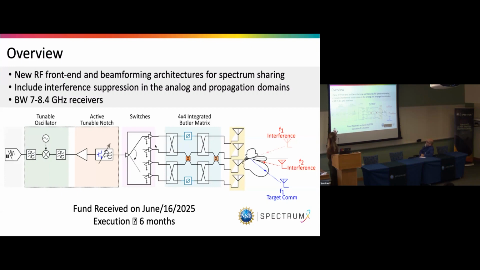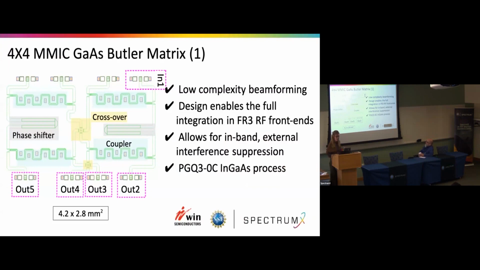Also, we are talking about the receiving path here, some active tunable notch filter that is a new topology that we are working on, and also to complement, some integration of tunable oscillators. Basically, it's not a VCO, but it is a tunable oscillator with a low phase noise, and all of that will help with the cleanliness of the signal downstream.